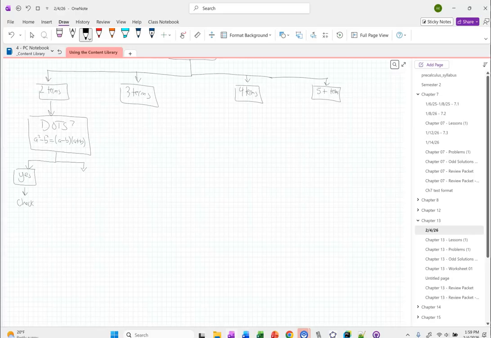Then we have to check each factor down the 2-term branch.